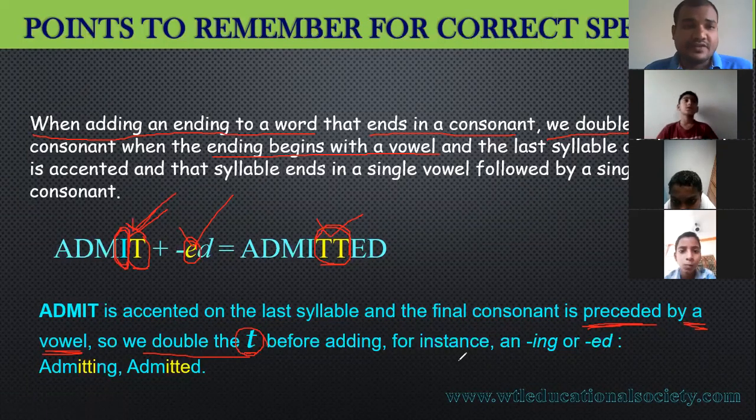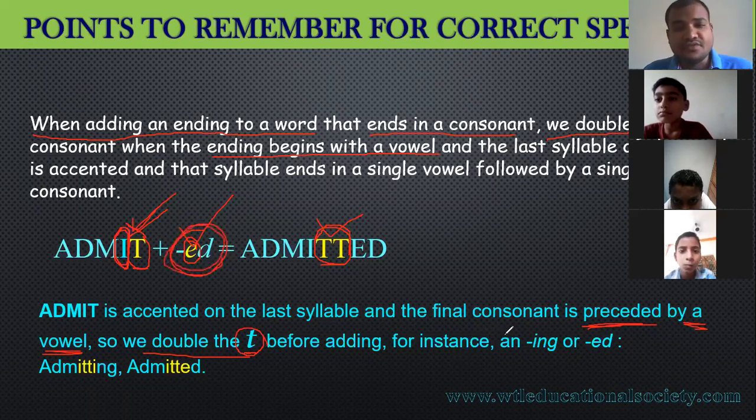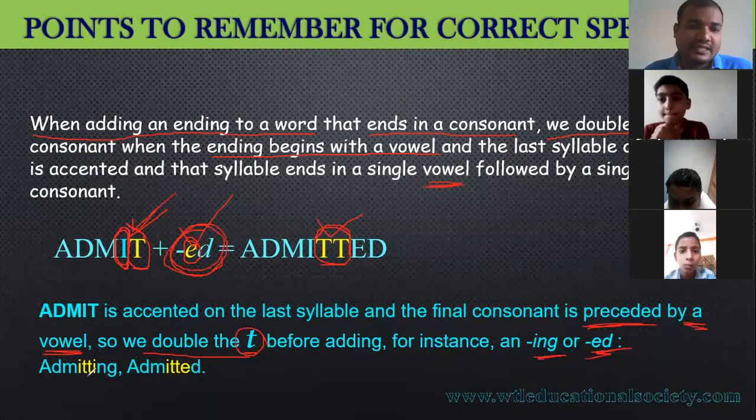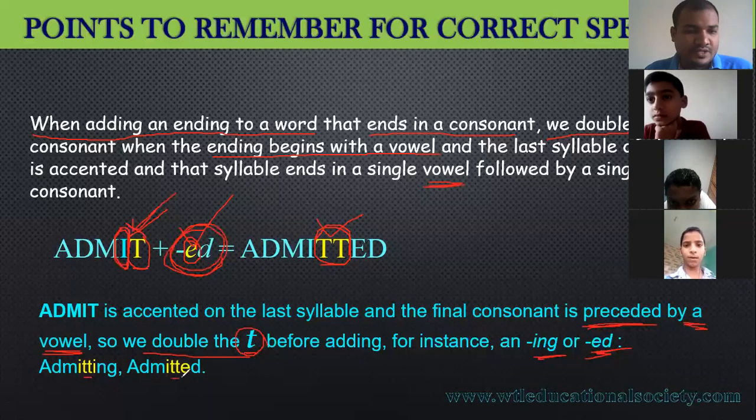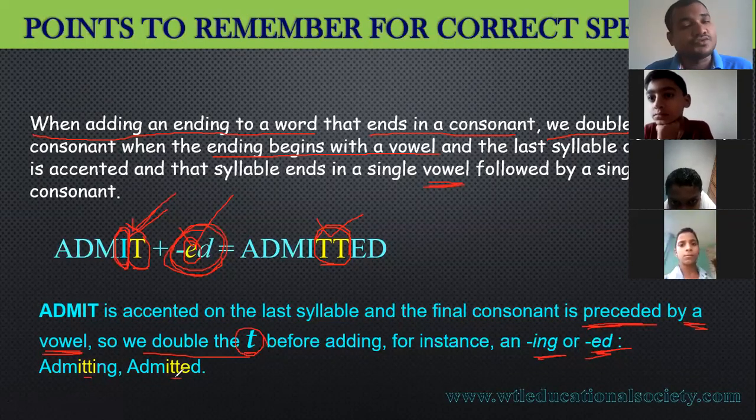The similar way, if you add any word ending, if it starts with a vowel, we are supposed to double that consonant. So you can observe the next two examples at the bottom of the screen.